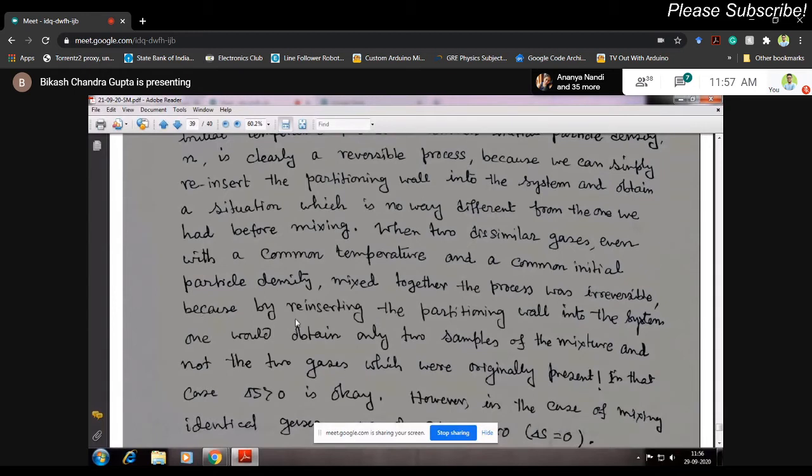Because by reinserting the partitioning wall into the system, one would obtain only two samples of the mixture. এটাও খুব ভালো লজিক, যে তুমি যখন মিক্স করে দিলে তারপরে তুমি যদি পার্টিশনটা আবার দাও, তাহলে তুমি দেখবে দুটো সাইডেই মিক্সচার অফ পার্টিকেলস পাবে, দু রকম পার্টিকেলই পাবে উইথ মাসেস m1 and m2, রাইট?